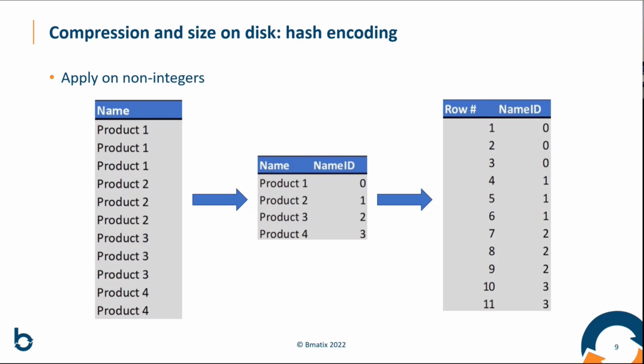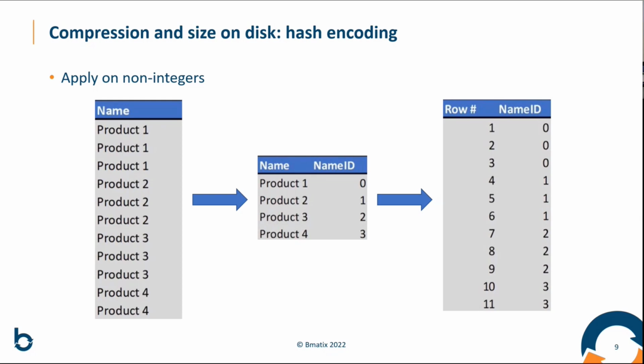We see here product 1, product 1, product 1, and then you have 3 rows with product 2, 3 rows with product 3. If there are multiple instances of a value, it's going to construct a dictionary or a hash table, whatever you want to call it, and give each value of the column that you want to access an ID.